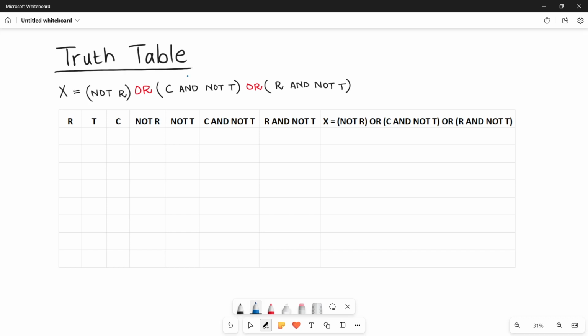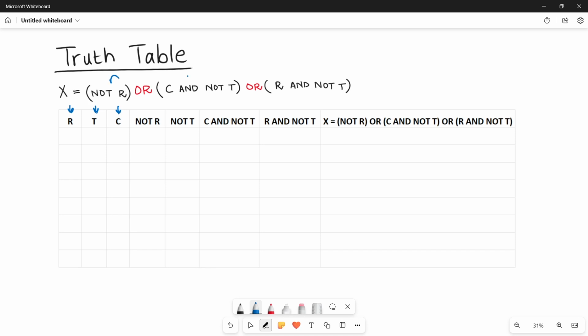So the first three columns are your input parameters, R, T, and C. One is for rate, the other one for temperature, and C for concentration. Then after your input parameters, you look at the logic expression and find out how many of these parameters are being inverted.